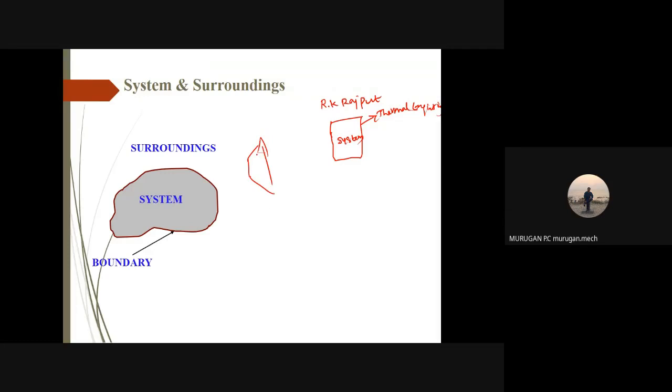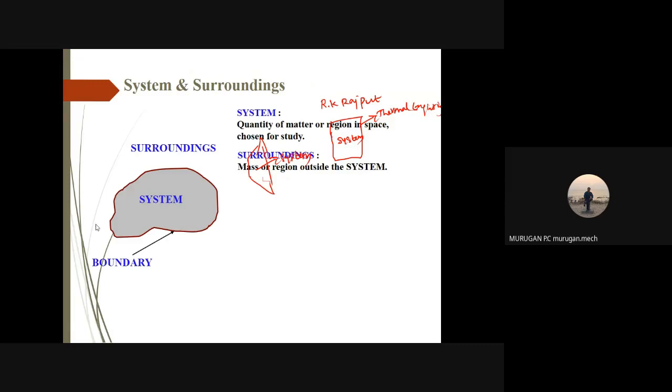So this turbine, this portion, is called the system. The quantity of matter or region in space chosen for study is the system. Whatever we are going to study is our system.